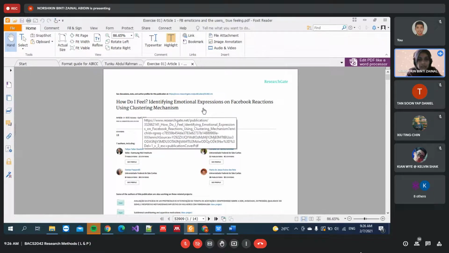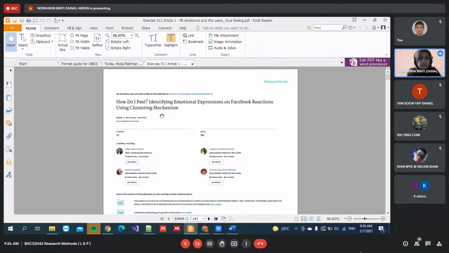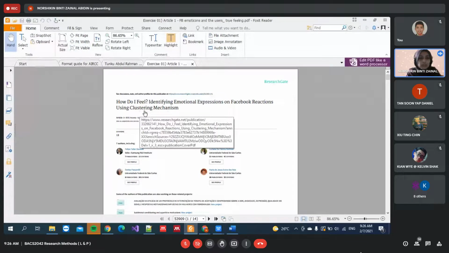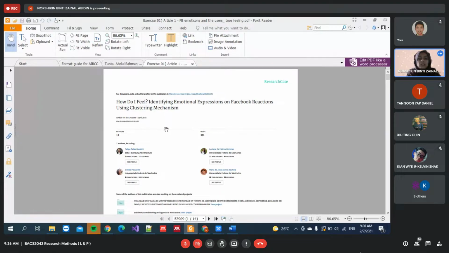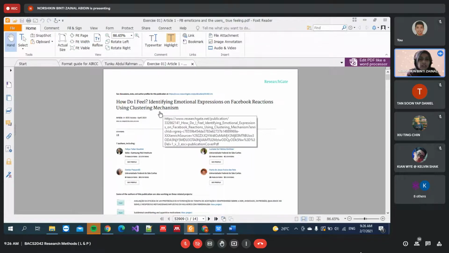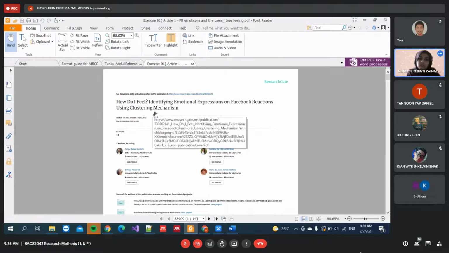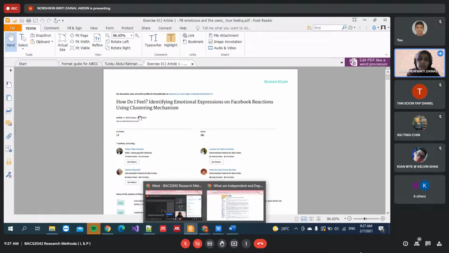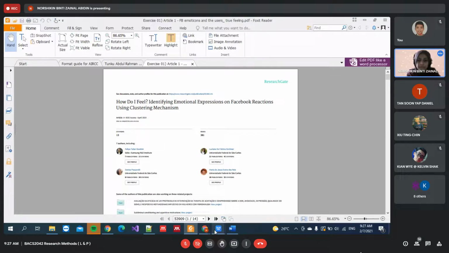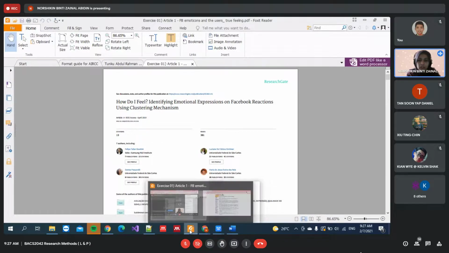I can do the same research but using a different mechanism. I cannot use this mechanism because it is already done and already published by people, so I need to find another mechanism. That's why we need to know what others have done.